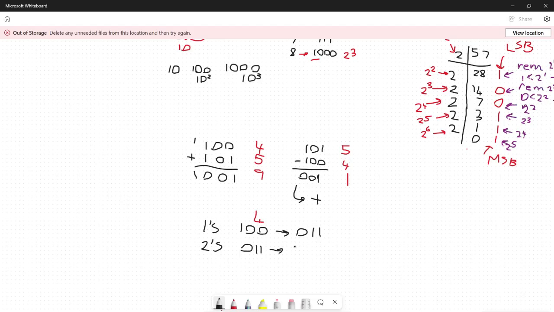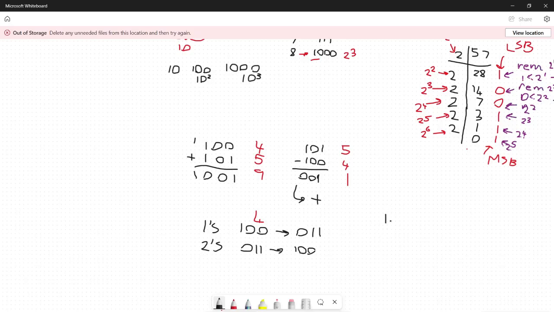Now 2's complement takes that same number and adds 1. So actually in this case it's kind of funny, because it gives us 4 anyway. This number will give us 4 anyway.